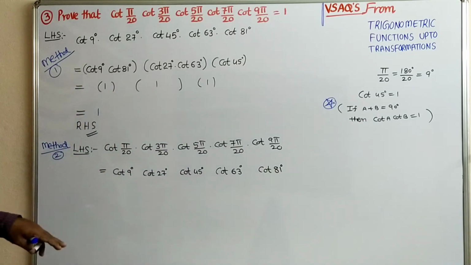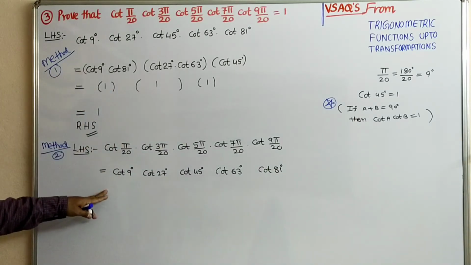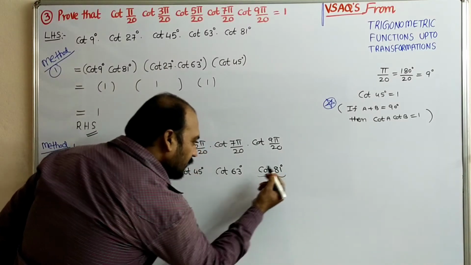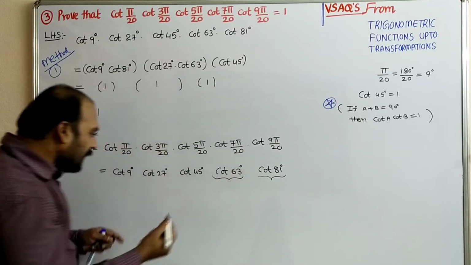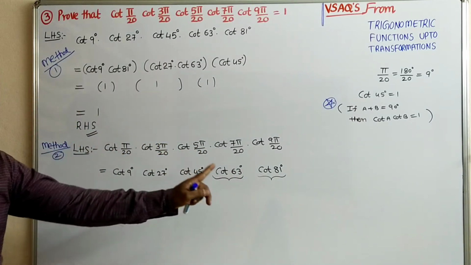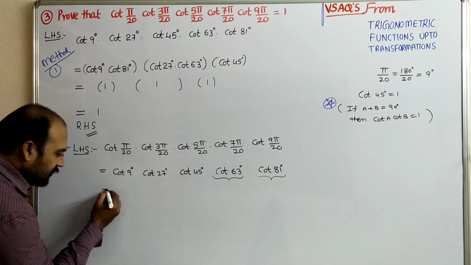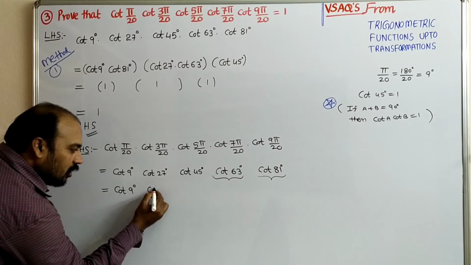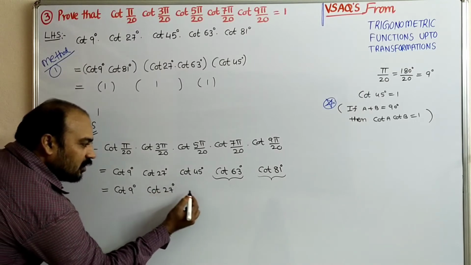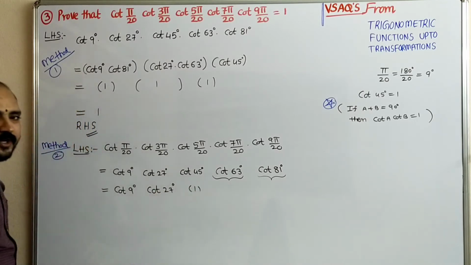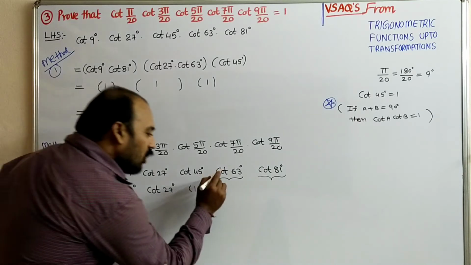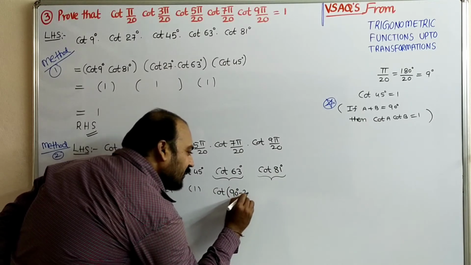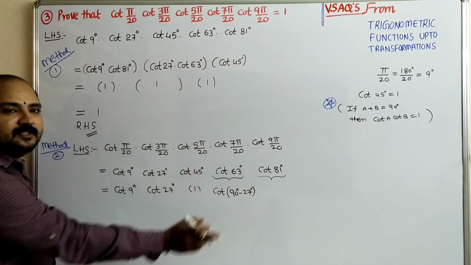Till here is the same step. Here cot 81 and cot 63, I am going to write in terms of 9 and 27. So it is equal to cot 9 degrees, cot 27 degrees, and cot 45 value is 1, no need to write it, directly write it as 1. Cot 63 can be written as cot of 90 minus 27.